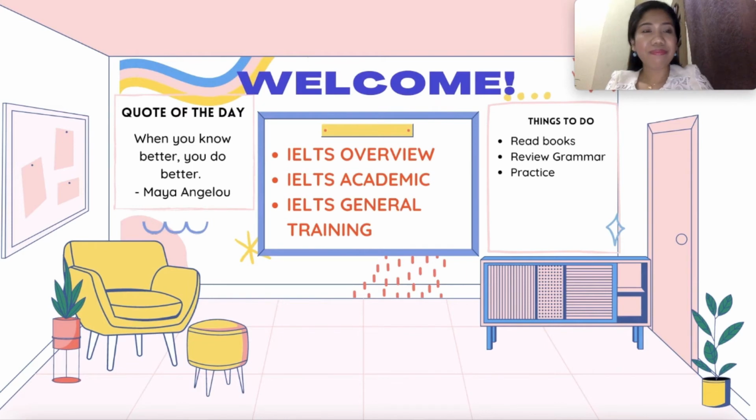We have to review grammar because that is our foundation. And of course, lastly, we have to practice. We cannot skip practice. Whether you would like to do it on your own or with a mentor, practice is a very important element because language not used is language forgotten. The language skills that you have, if you are not going to use them, you will lose them along the way.